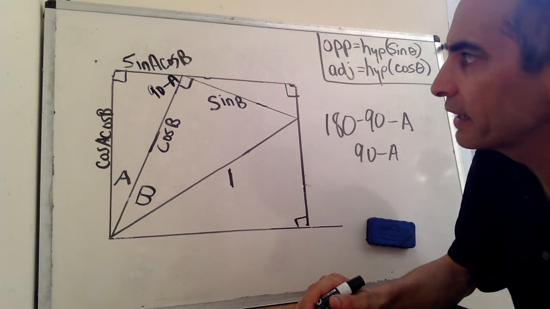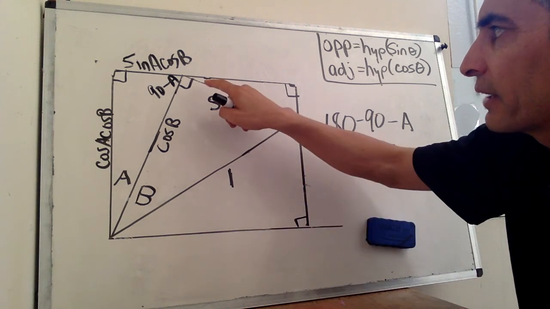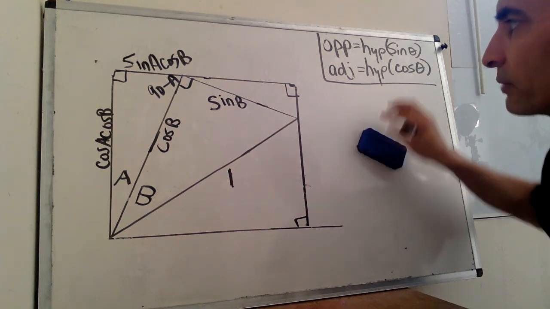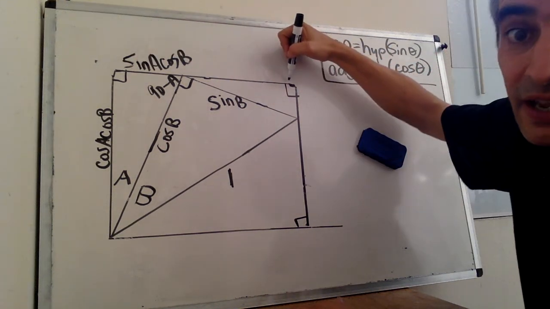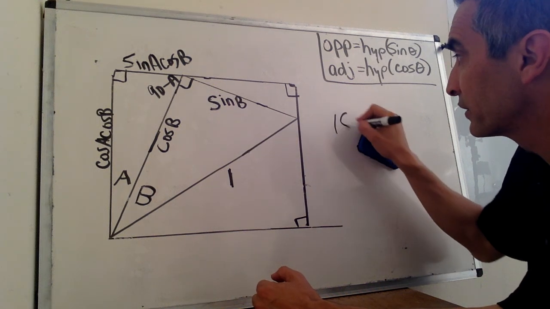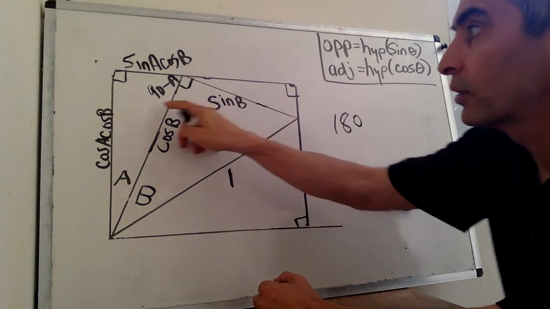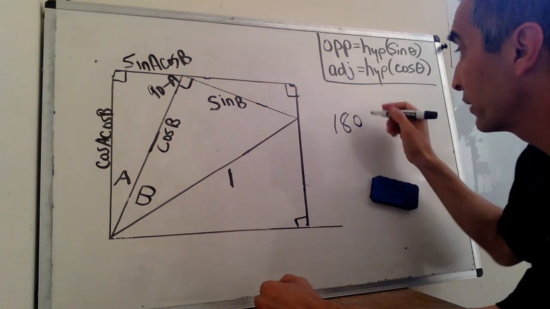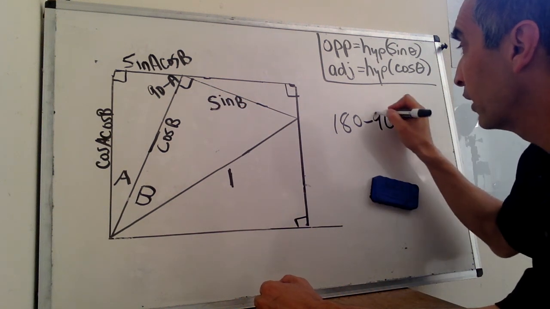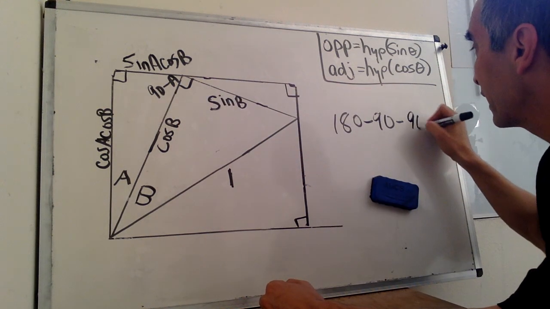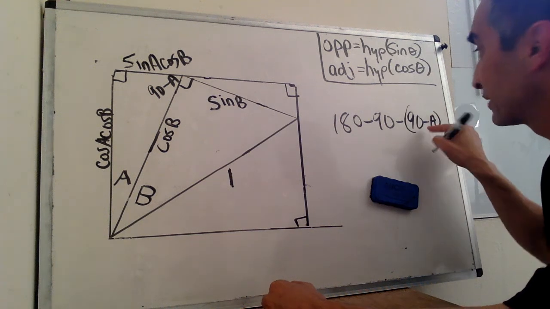Now we want to see how big this angle right here is. Well, we know that going across from here to here is a straight line, so it has 180 degrees. So if we want to figure out what this angle is, we take 180, subtract 90, and then we also need to subtract this other angle here, 90 minus A in parentheses, because we want to subtract this whole amount.